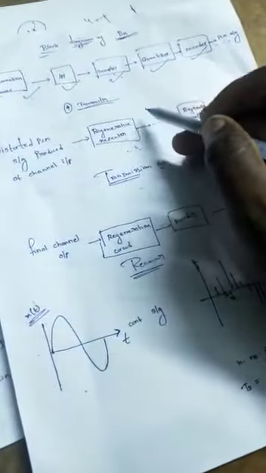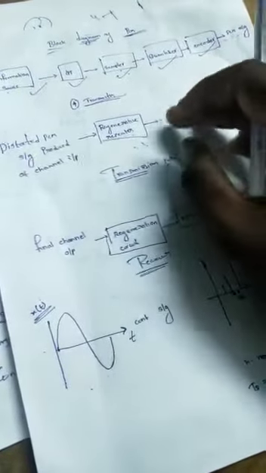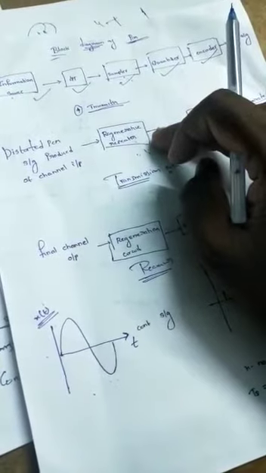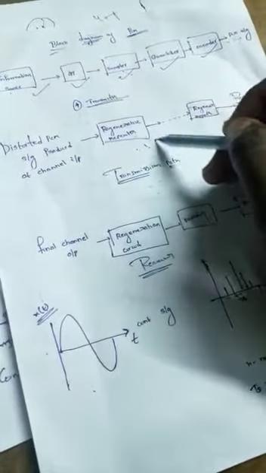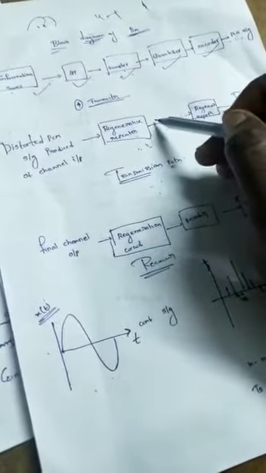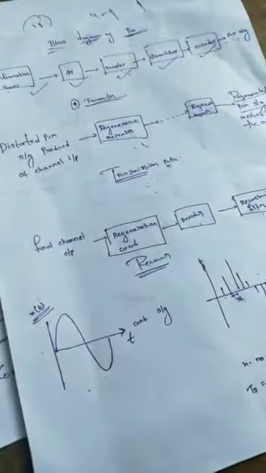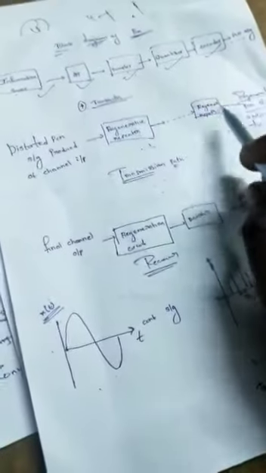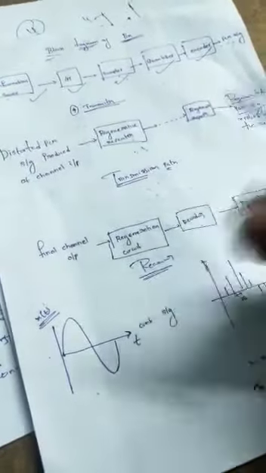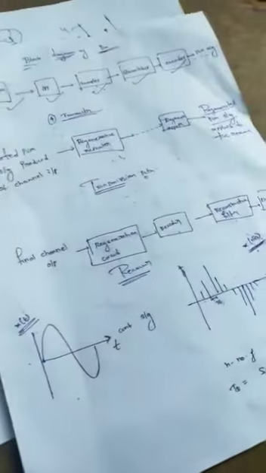After the transmitter, the PCM signal is applied to regenerative repeaters. The main function of these regenerative repeaters is to amplify or boost up the signals. When the PCM signal is transmitted over long distances, regenerative repeaters are used depending upon the distance.